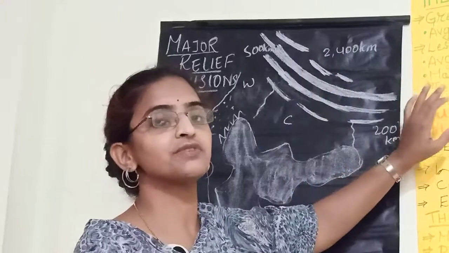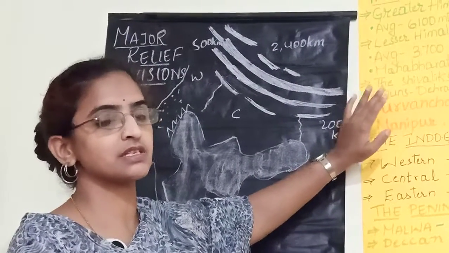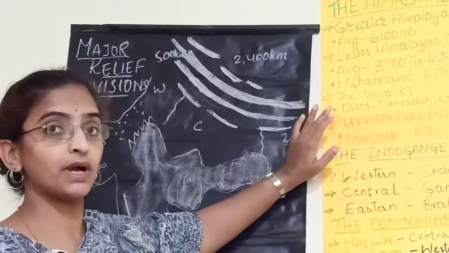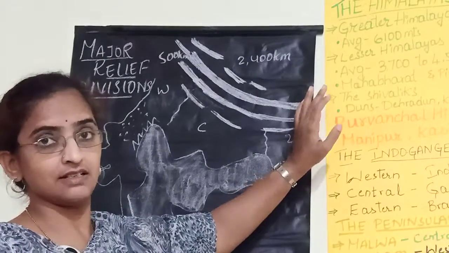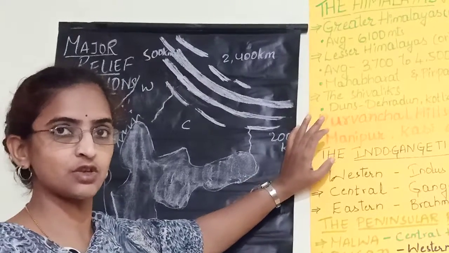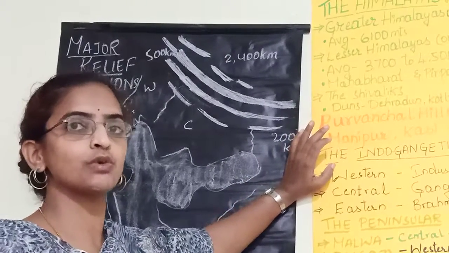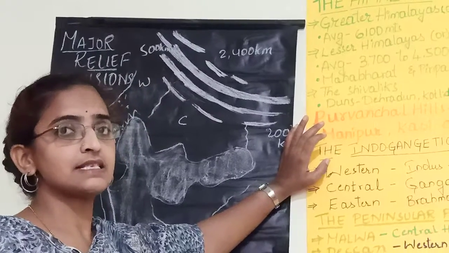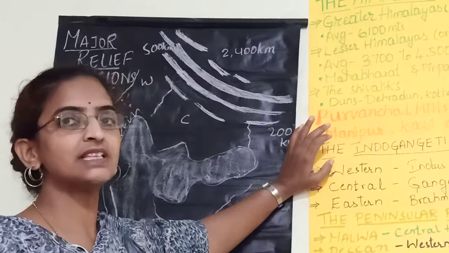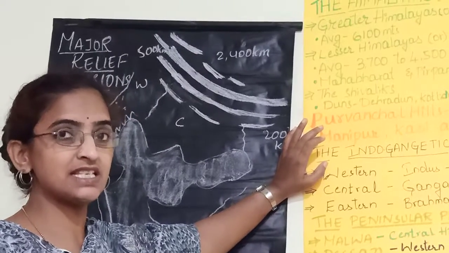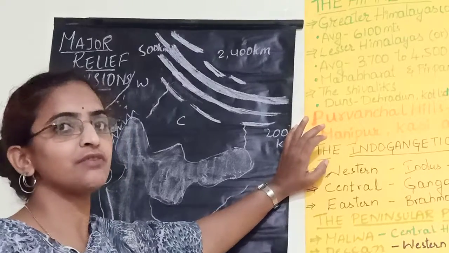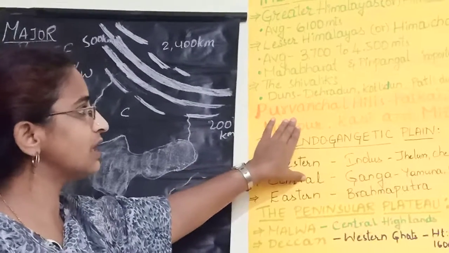The set of hills found at the extreme extension of the eastern part of India, among all the eastern states, do you remember all the 7 sisters of eastern states of India? Yes, like Manipur, Mizoram, Nagaland, Assam, Arunachal Pradesh. Whatever hills are found in these eastern states, the eastern 7 sisters of India, are very famously called Purvachal hills.